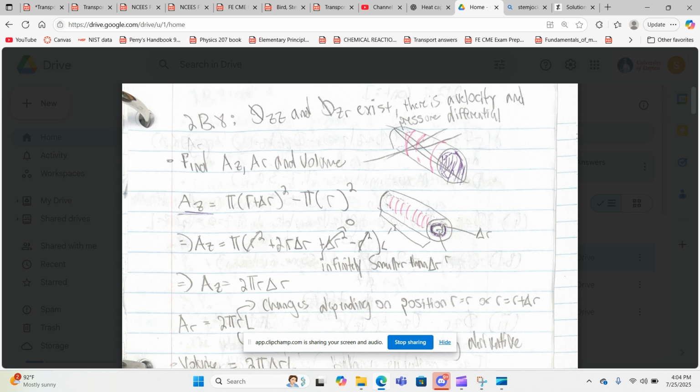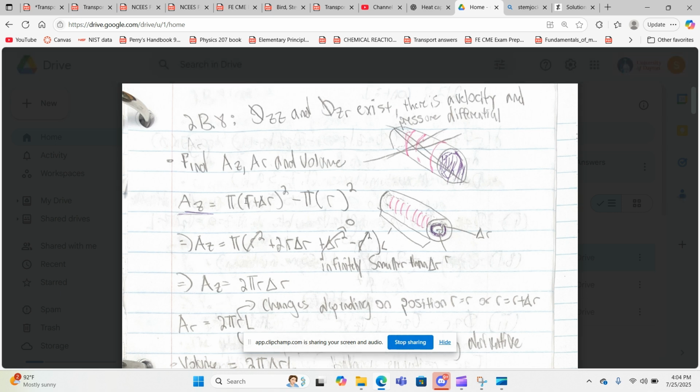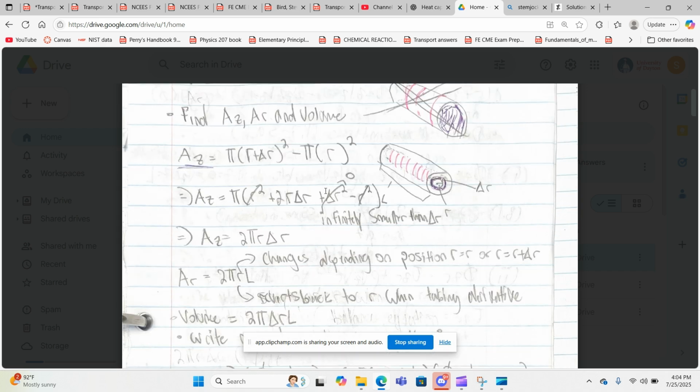The larger circle is pi (R plus delta R) squared minus pi R squared, because the area of a circle is pi R squared. So we're just doing some algebra, simplifying that out. And this term goes to 0 because it's delta R squared, and delta R is an infinitely small value.